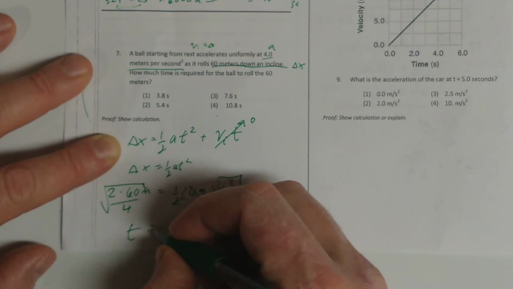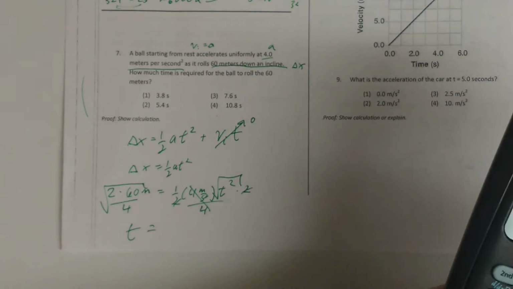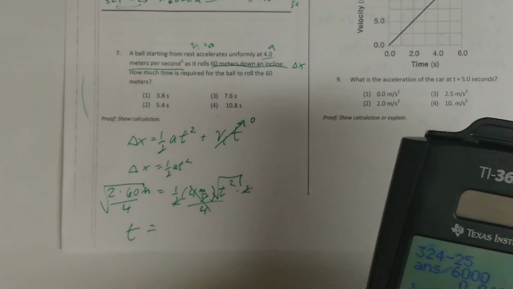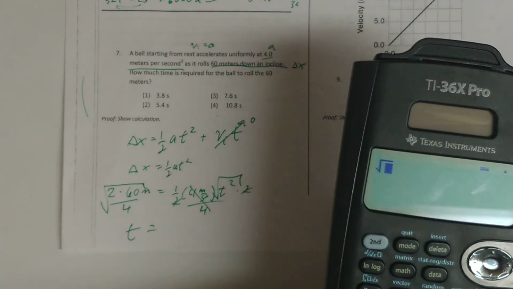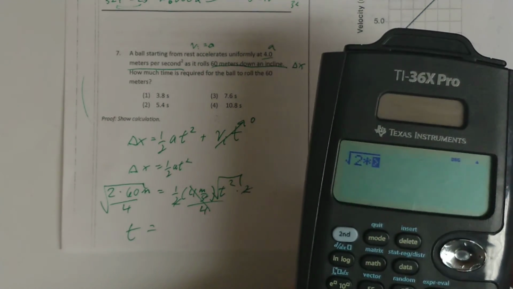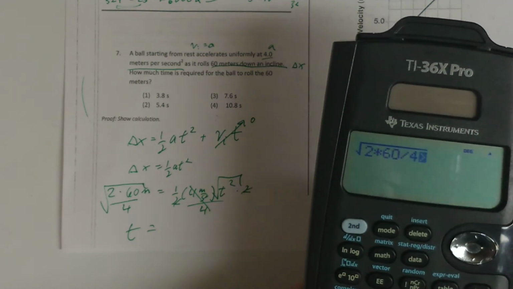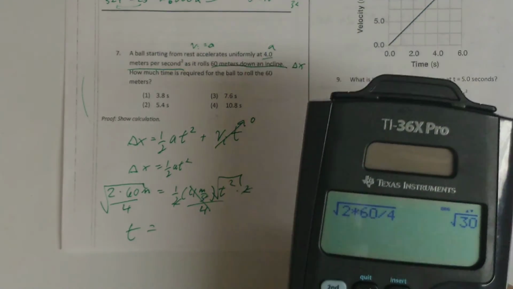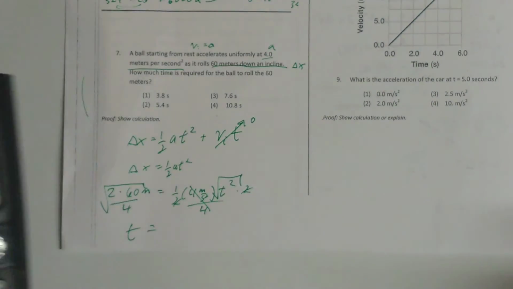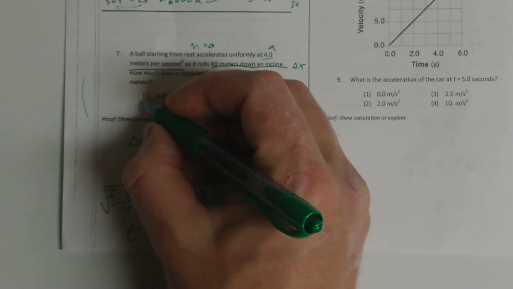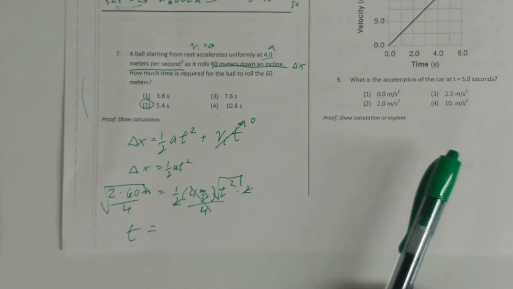And you're going to get T equals the square root of 2 times 60 divided by 4. And radical 30. All right, which is 5.5. Which is, well, 5.47, so it must be that one, I suppose.